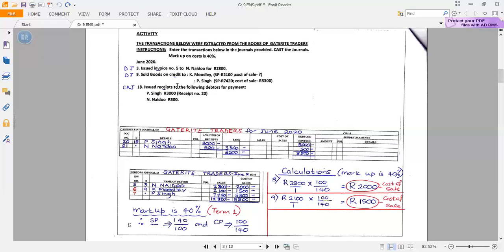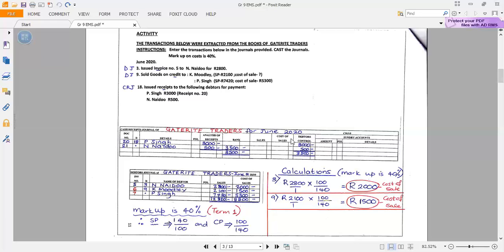Let's start. When we issue a receipt, that means we are receiving money in the business. So we are issuing a receipt to P. Singh for 3,000 Rand for receipt number 20. I go to document number, that's 20. The date is the 18th. I record P. Singh's name under details.